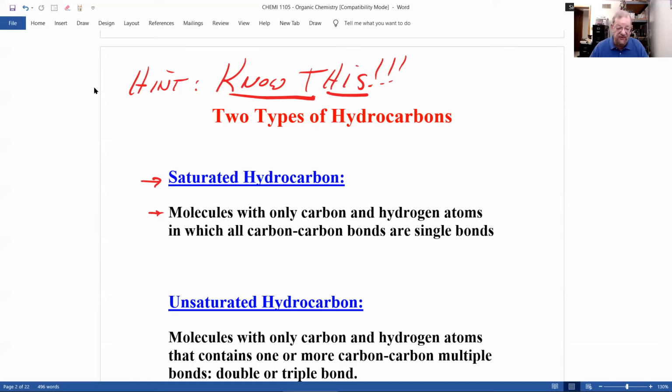And it also means all carbon bonds are single bonds. Remember, single bond, one pair of electrons; double bond, two pairs; triple bond, three pairs. So a saturated hydrocarbon is a hydrocarbon, meaning a molecule with only carbon and hydrogen atoms, in which all carbon atoms are held by single bonds.